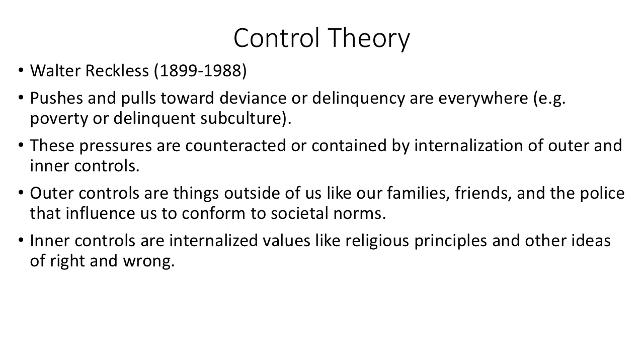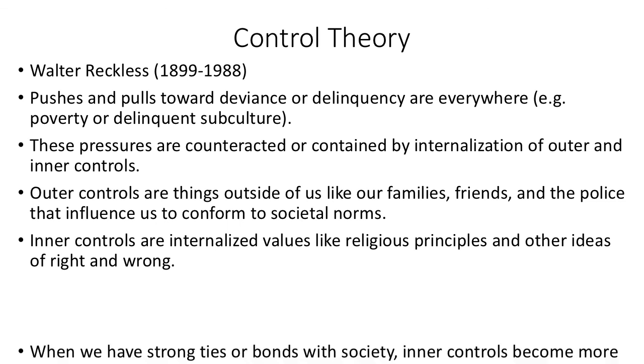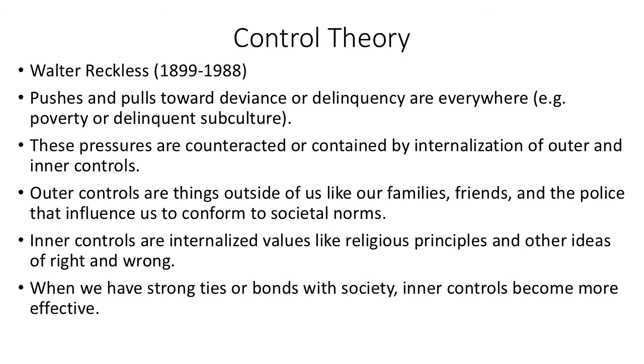Now, when we have strong ties or strong bonds with society, these inner controls become more effective. When we're integrated more fully into those outer controls, the inner controls become more effective. And that, in essence, is Walter Reckless's control theory, the internalization of internal and external controls.